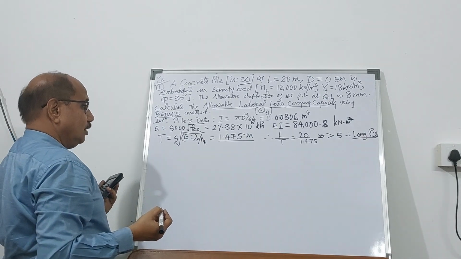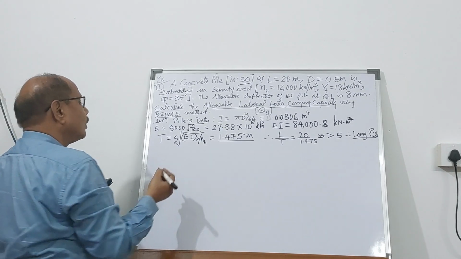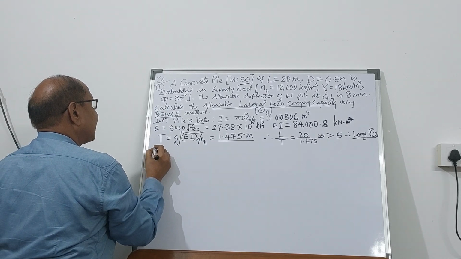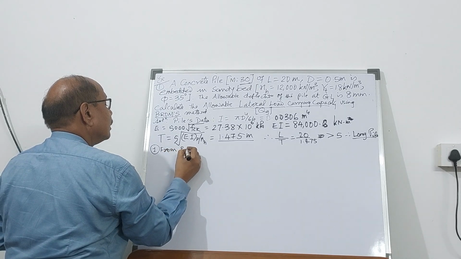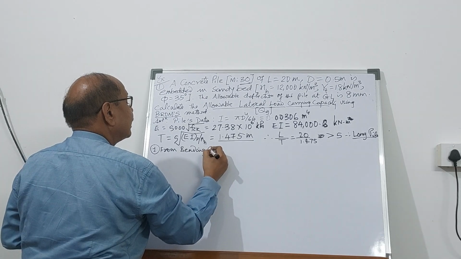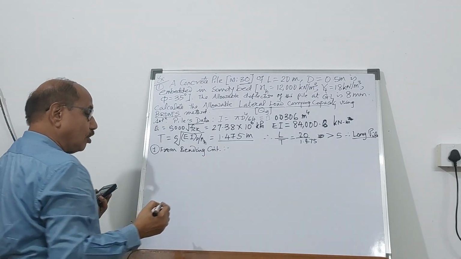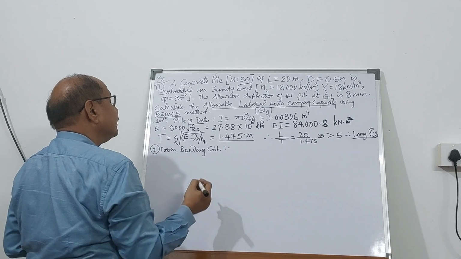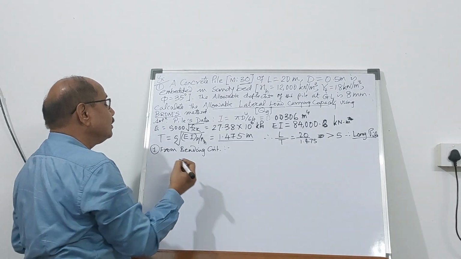Now, having got that it is a long pile, from the bending criteria, the first criteria, you can find out the value of QG, the lateral load carrying capacity of the pile.